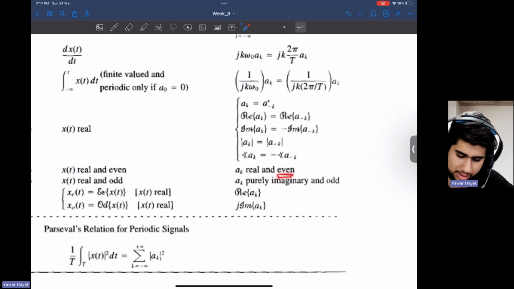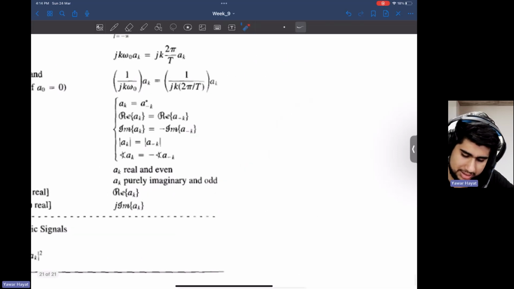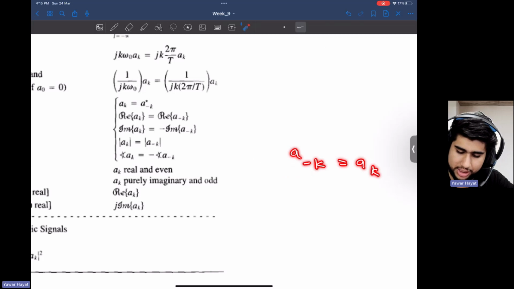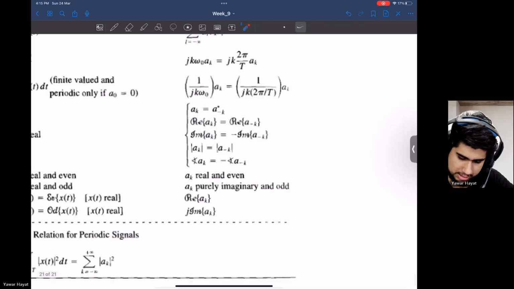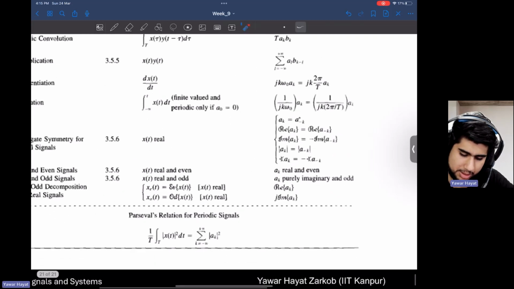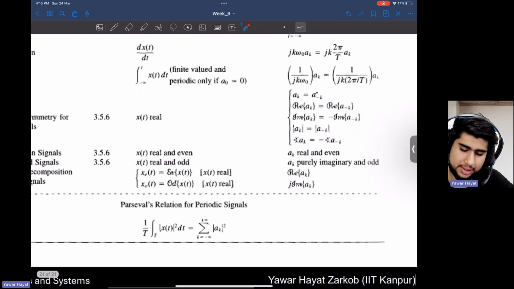Even a_k means that a_{-k} is equal to a_k. Odd a_k would be a_{-k} equal to minus a_k. Simple. What about real and odd?